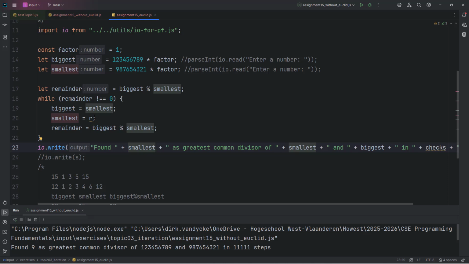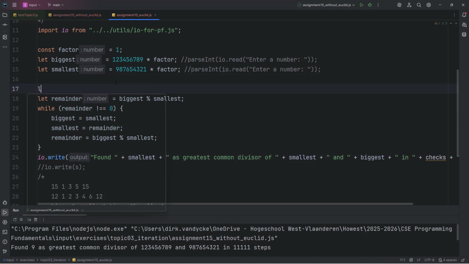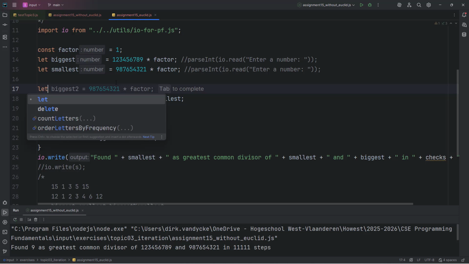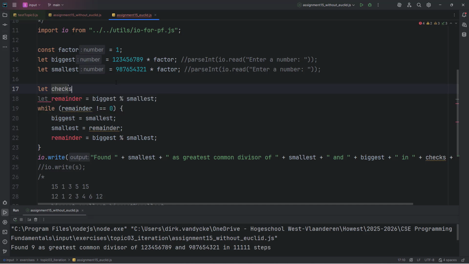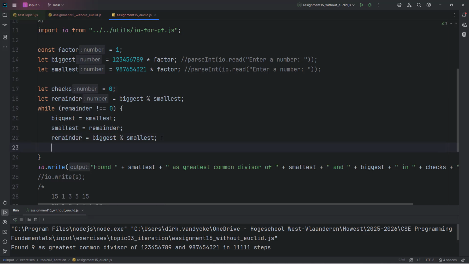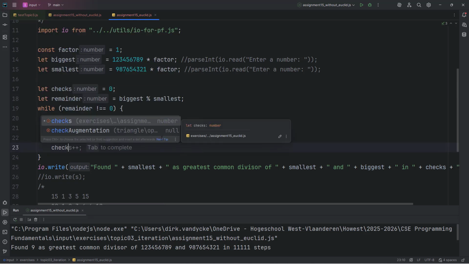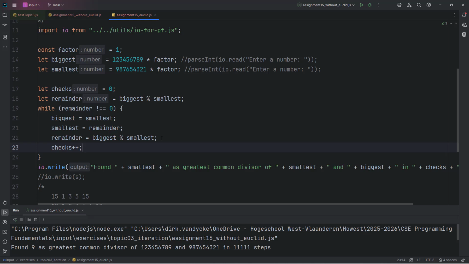Okay, and this is remainder. And I still need checks. So checks will be how many numbers I check. So let's do checks, started at 0, and let's increment checks here, and let's see if this makes a difference.